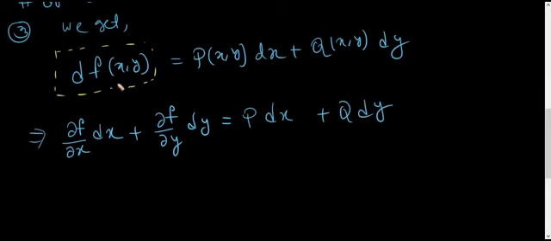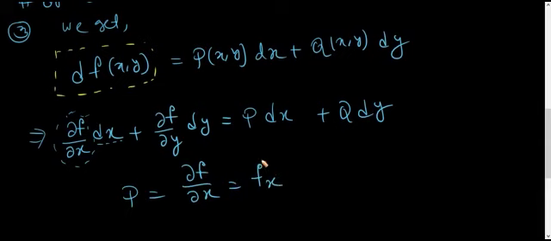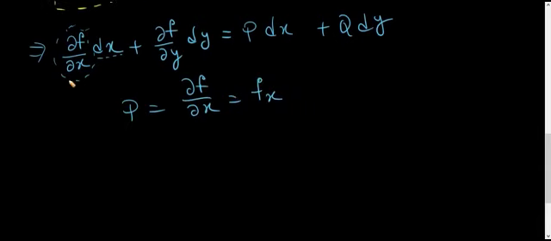Now if you match these things, that is the terms with dx, it has the partial derivative of f with respect to x, and this should be matched with p, right? So p is ∂f/∂x, or in a shortcut notation you can write it as just f_x, where x is now on the subscript. Similarly q will be ∂f/∂y, and you can write it as f_y.